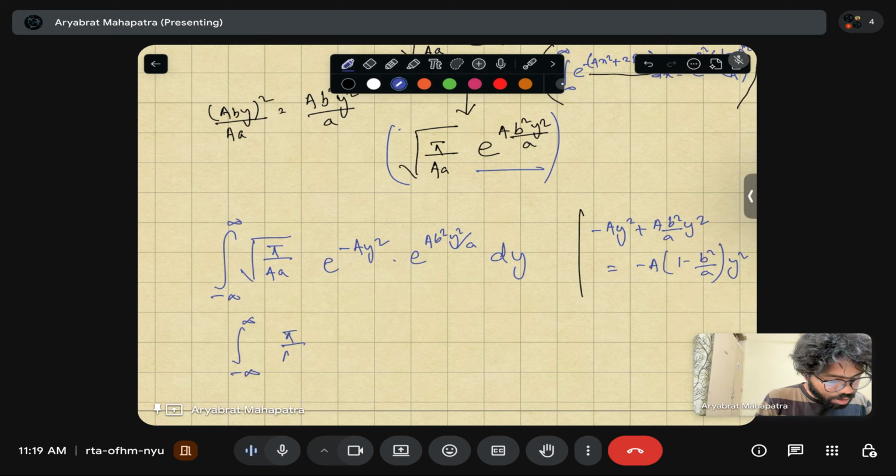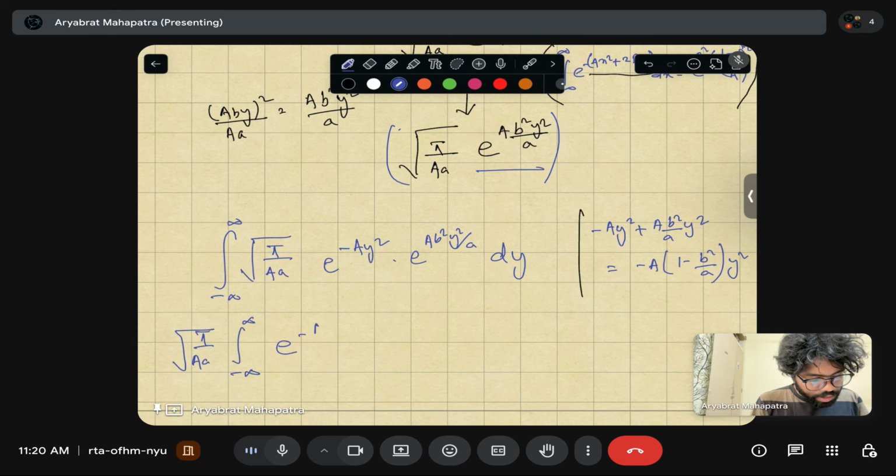So this is basically an overall constant factor. So exponential of minus a 1 over 1 minus b square over a, then y square dy.